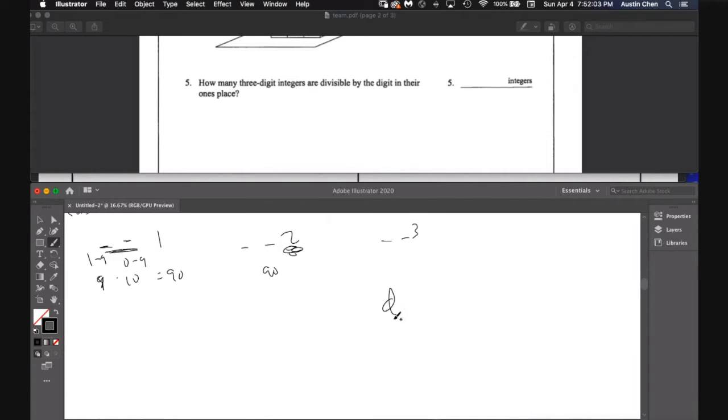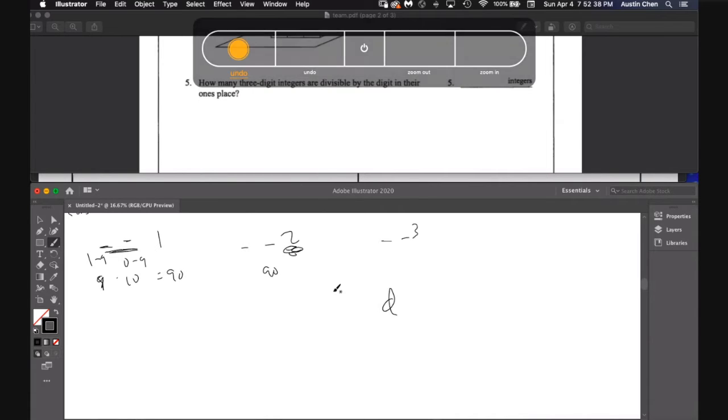If I have a digit D, and then I have something here, as long as this 2-digit number is divisible by D, the whole thing is going to be divisible by D, right? Because this is already divisible by D, so if you just think of it in long division, everything would work out if and only if this 2-digit number were divisible by D as well, right?